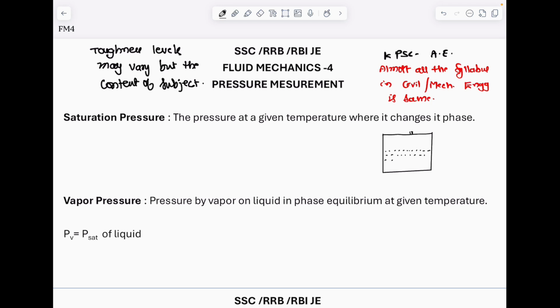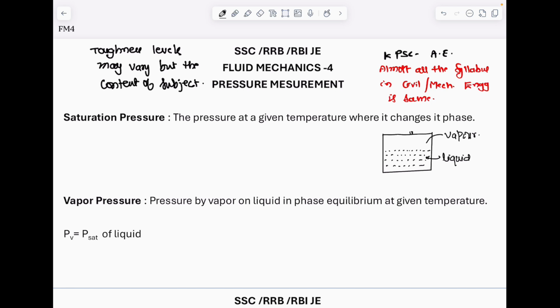It is comprising of both liquid and also vapor. It can be water, it can be any other liquid, any other fluid. Some portion of the container is filled with liquid, some portion of the container is filled with vapor.